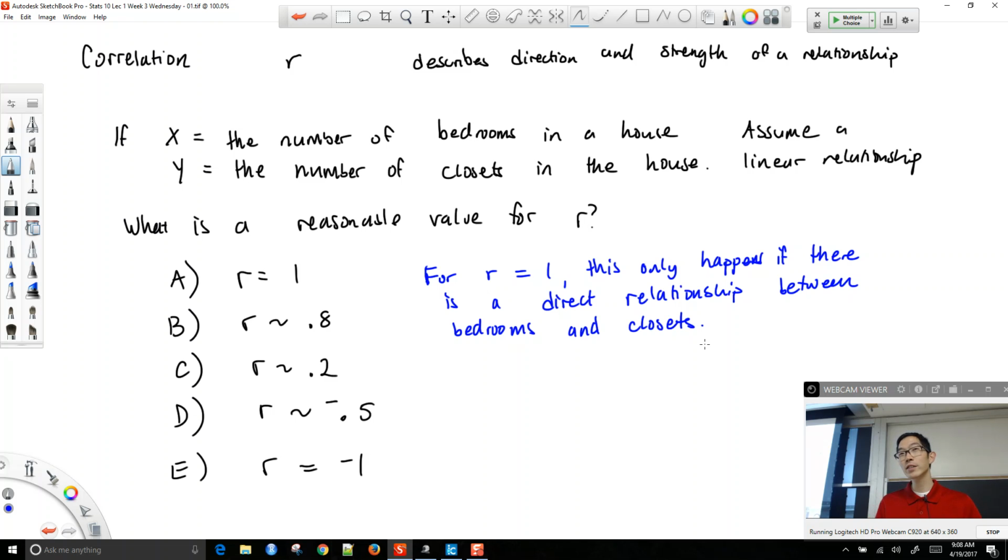And if that's not the case, r will not be 1.